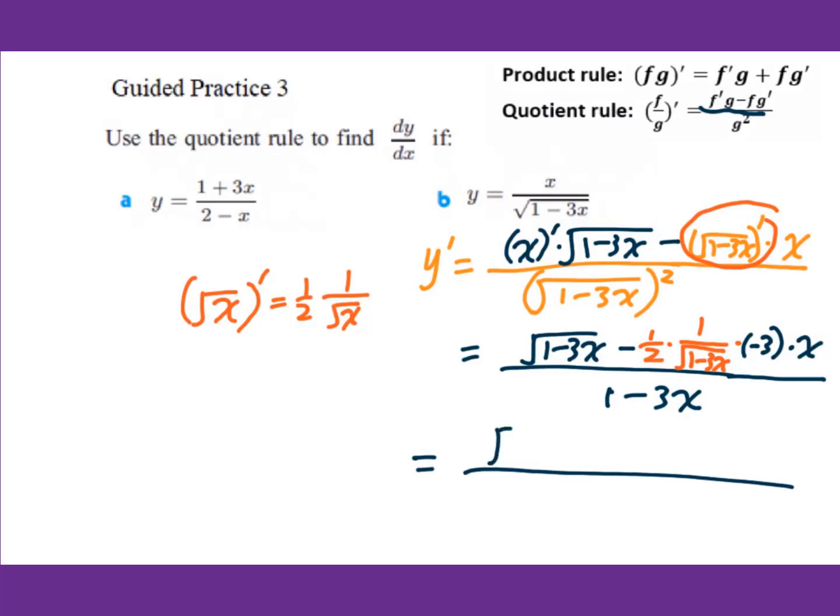You will get square root of 1 minus 3x minus, the denominator is 2 square root of 1 minus 3x. On top, negative 3x, and here's one more negative. That's why it's plus 3x. Then we have 1 minus 3x as the denominator.